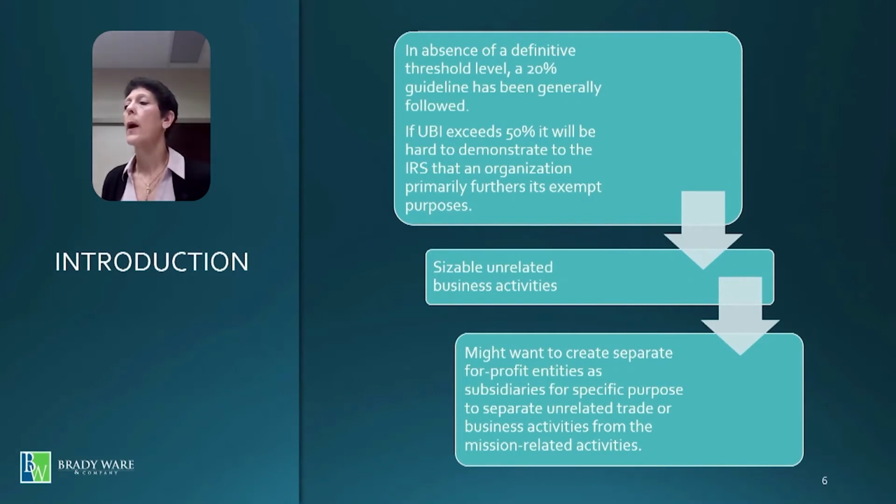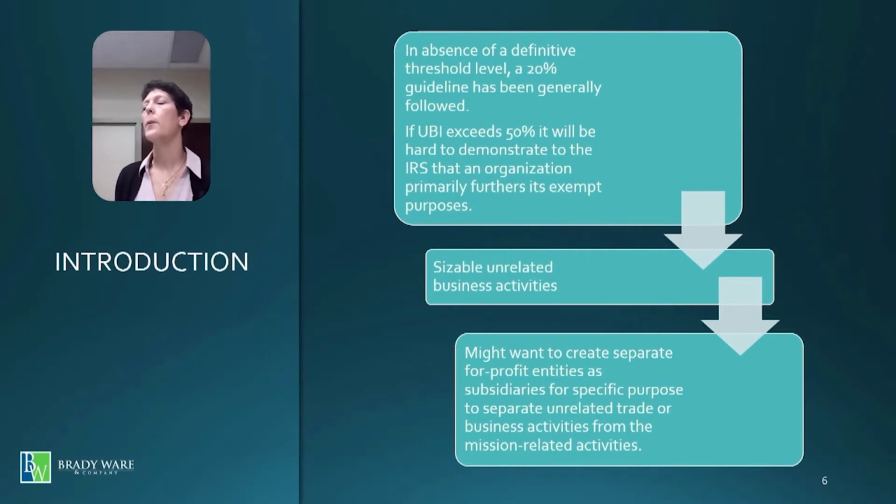So if for any reason you're getting close to that 20%, or you're concerned that your UBIT income is going to affect your tax exempt status, the IRS has stated that you might want to consider taking that specific purpose and setting up a separate for-profit subsidiary, which can be a corporation, an LLC, or a partnership.